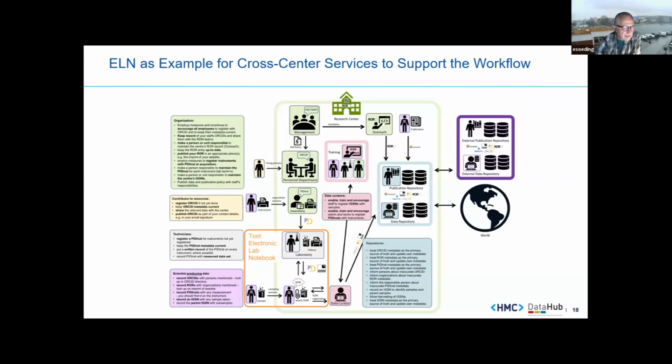Then the other thing we're looking at is what kind of technical solutions we need. For example, we're currently looking at electronic lab notebooks, to implement them in the whole data management process because they provide good means to wrap these whole processes into a digital tool.